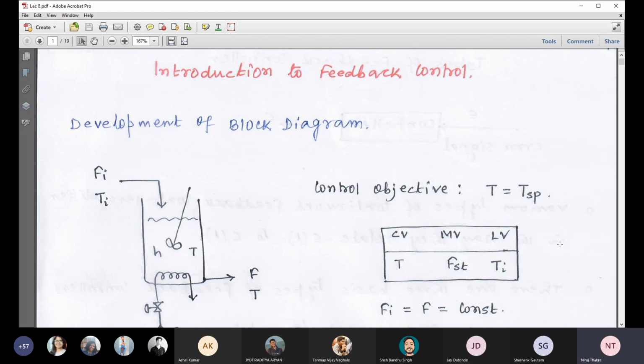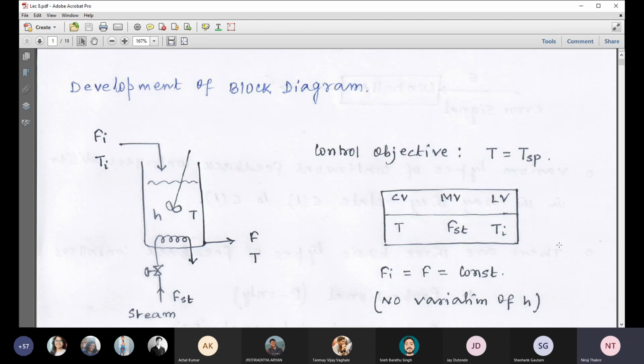So let us adopt this heating tank system, which we have considered several times before. You draw the schematic of this heating tank system, then we'll discuss how to develop the block diagram.